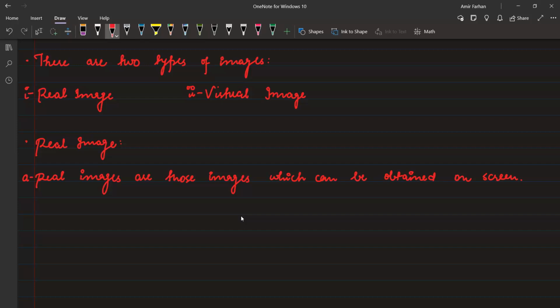Real or virtual? Real images. Images that can be obtained on a screen are real images. Let's stick with real first, then we'll move forward to virtual, right?